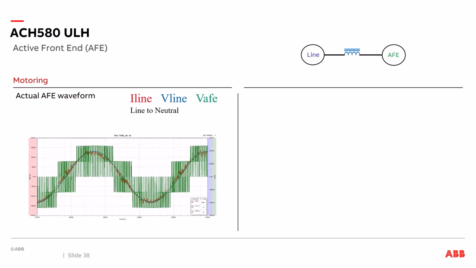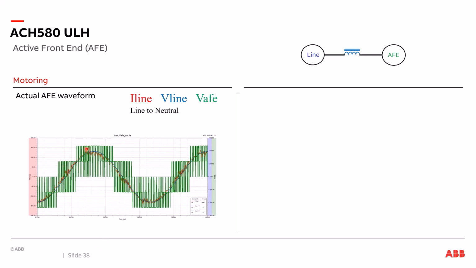Let's take a look at actual active front end waveforms in motoring mode. The line voltage is in blue, the line current is in red, and the active front end voltage is in green. The voltages shown are line and neutral voltages. That's why the active front end waveform appears to be a 3-level pulse width modulated waveform. So when in motoring mode, the active front end voltage lags the line voltage slightly and has the correct magnitude to cause the line current to be in phase with the line voltage, so power flows from the line to the drive.